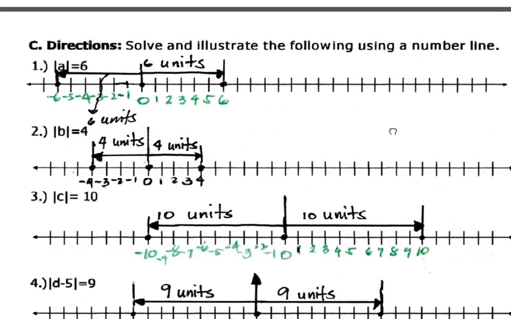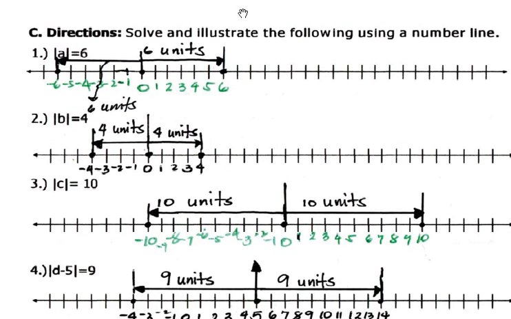We move on to letter C. Solve and illustrate the following using a number line. Absolute value of A equals 6. Let's fix this point as 0. Going to the right, let's write 1, 2, 3, 4, 5 to 6. Then from 0, going to the left, this is negative 1, negative 2, and so on up to negative 6.